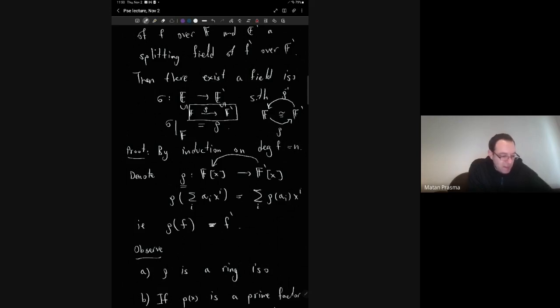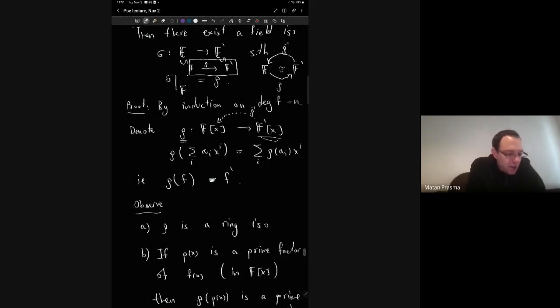And if I have rho minus 1 on the level of fields, I have rho minus 1 on the level of polynomials, where you simply apply rho minus 1 on all the coefficients of a given polynomial in F prime[x].